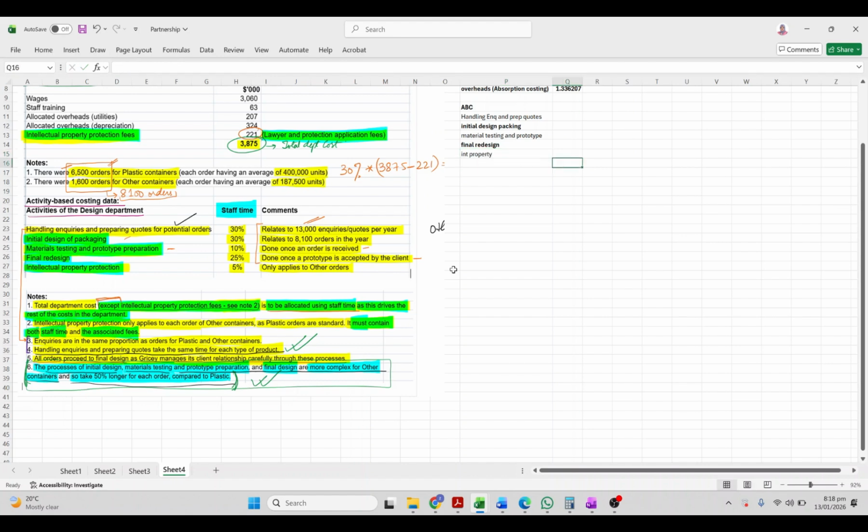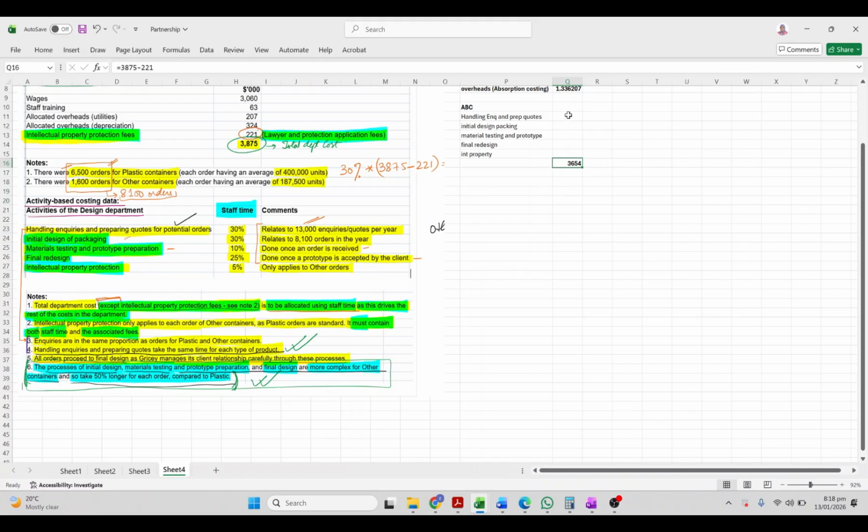How are we going to distribute these overheads? We have highlighted that you cannot simply charge these percentages based on 3875, because they are saying that the total department costs are 3875 except the intellectual property protection fee. So obviously you have to deduct this 221 from here. The total will be 3875 minus 221, considering point number one.